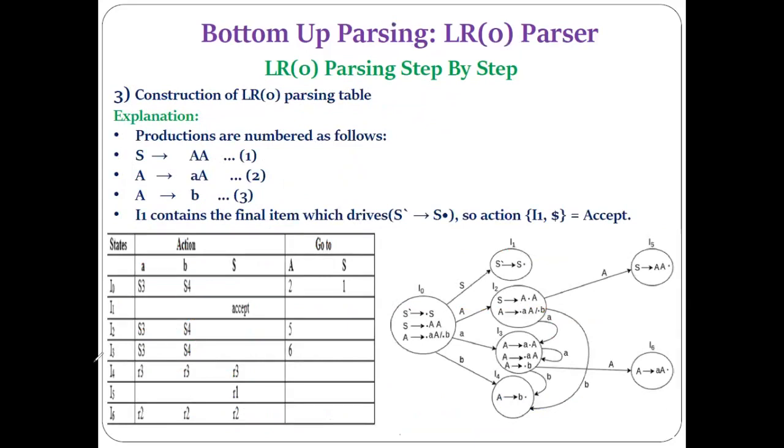This part is similar to how we constructed the parsing table for LR0. Similar steps you have to apply for the shift movement, and similar steps to make the entries for the goto part. The only difference will come in the case of reduction movements.